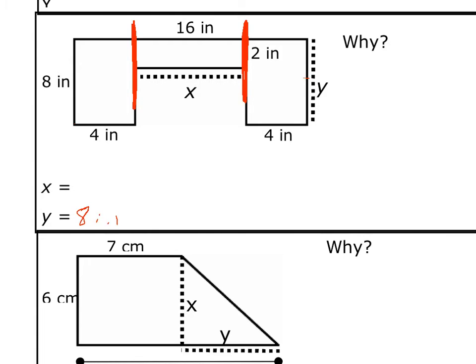Okay, so what I hear her thinking through is this entire chunk up here is 16. Yes. And she knows this part is 4, and this part is 4. In order to make it work so it all adds up to 16, what would have to be in the middle would be 8.